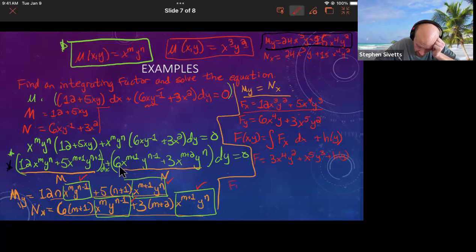And then take the derivative of that function with respect to y. So that would be 6x to the 4th, y cubed, plus 3x to the 5th, y squared, plus h prime of y, which equals to 6x to the 4th times y.